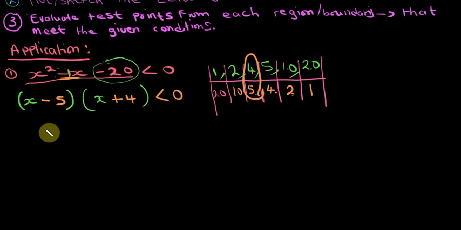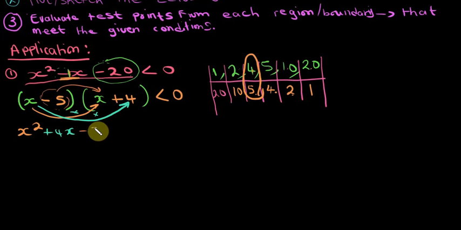Quick test: x multiplied by x gives x squared, x multiplied by 4 gives plus 4x, minus 5 multiplied by x gives minus 5x, and minus 5 multiplied by 4 gives minus 20.